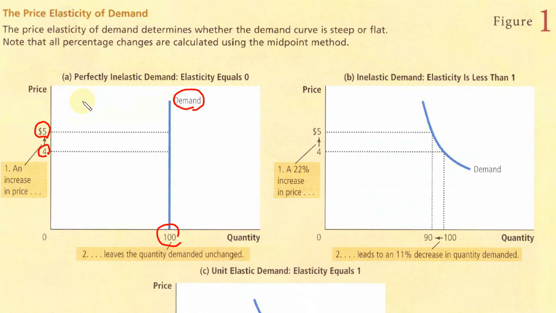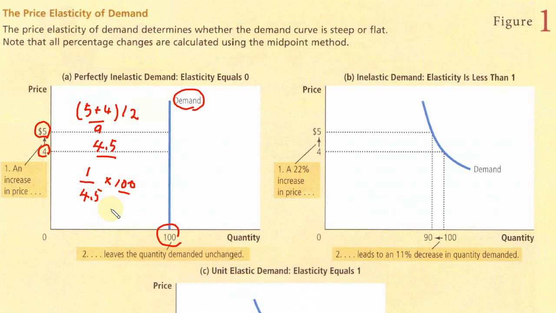The midpoint from the first 4 and 5, divided by 2, is 4.5. That's the midpoint, right? Then the difference between these two is 1, divided by 4.5. This is a percentage, so we have to multiply by 100.